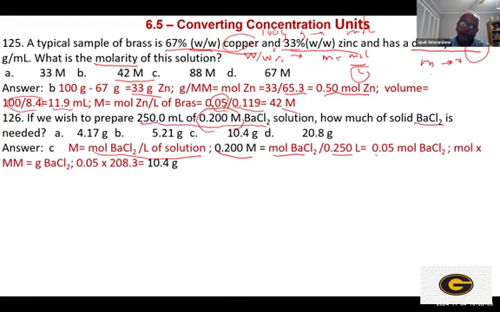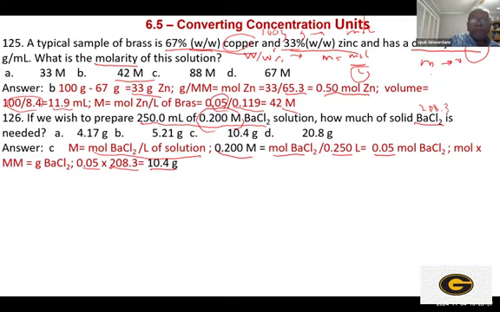How do you get 0.5? 0.5 is the moles. That's the molar mass of barium chloride. Barium chloride is 208.3. You multiply moles, then you get the grams.